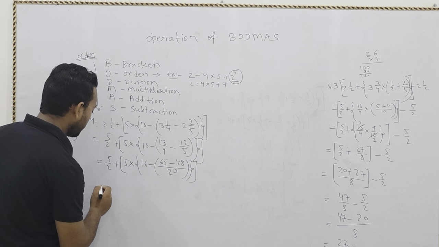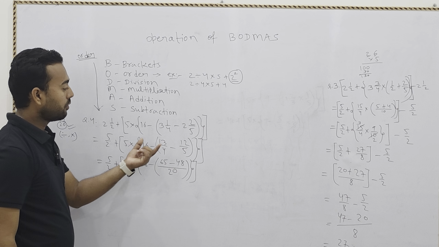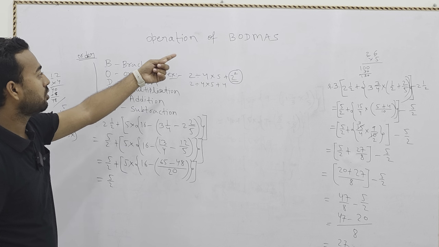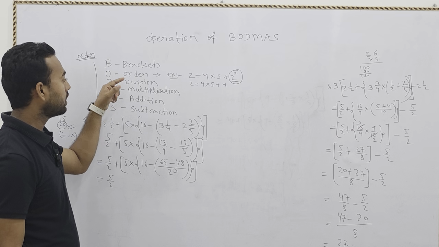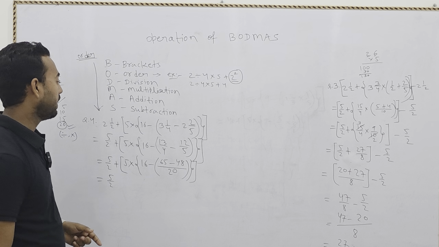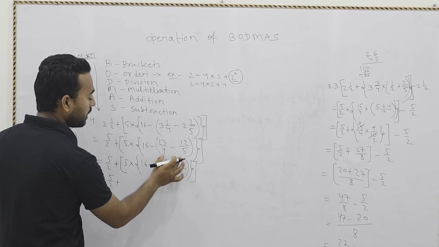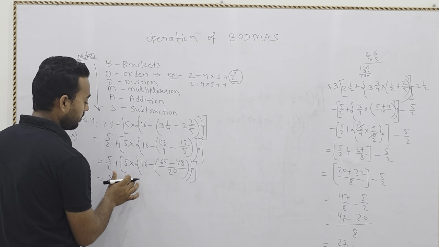So here we will subtract this. Here what we are doing, first we are solving the bracket portion, because according to the operation of BODMAS, first we have to solve the bracket, then order, then division, addition, and so on. So we are solving the bracket portion, and the rest of the thing we will write as it is.